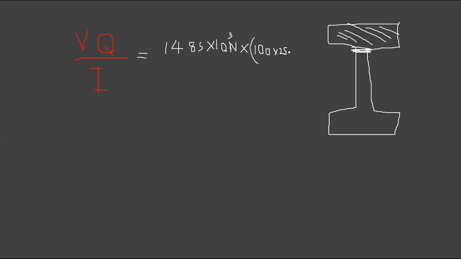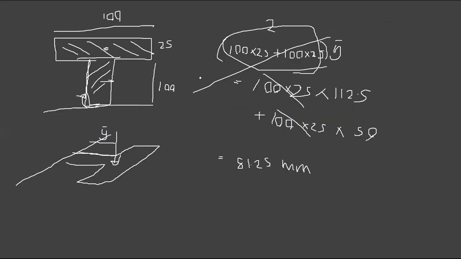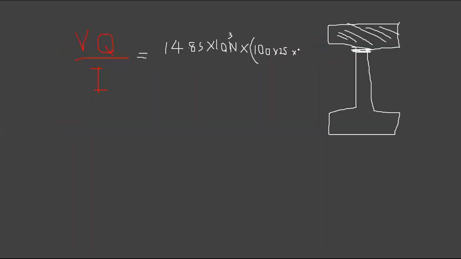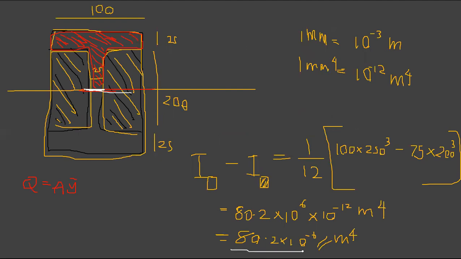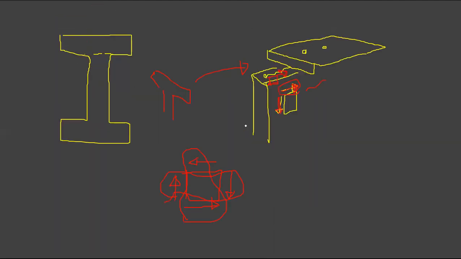These are in millimeters, so area into y bar, where y bar is 112.5. These three are all in millimeters, so you need to convert back to meters. You multiply by 10 to the power minus 9, since it is 10 to the power minus 3 three times. The I value you calculated is 18.2 into 10 to the power 6.